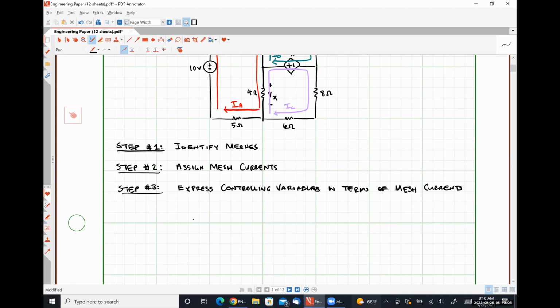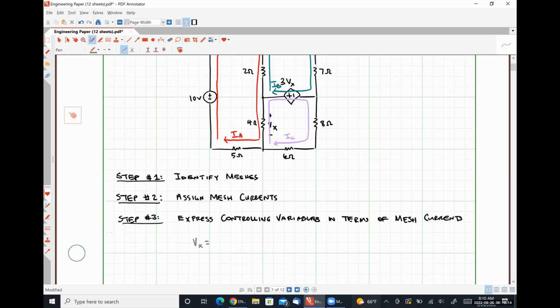So in this particular circuit, our controlling variable is the voltage Vx, which is the voltage drop across the 4 ohm resistor in the bottom middle branch of this circuit.